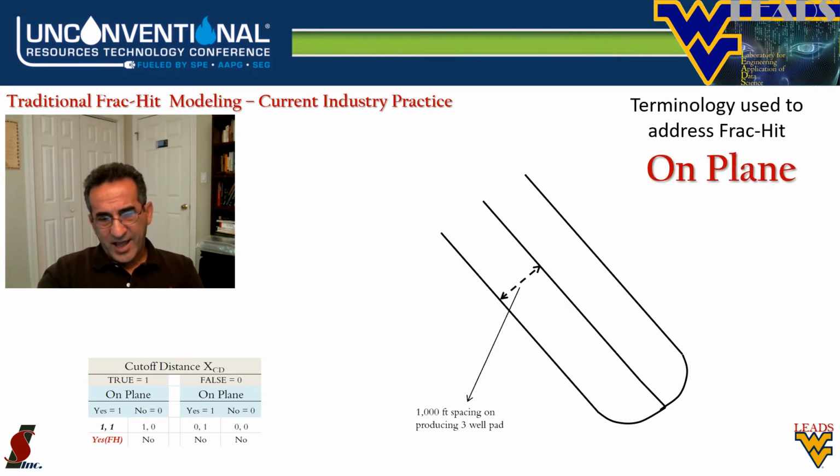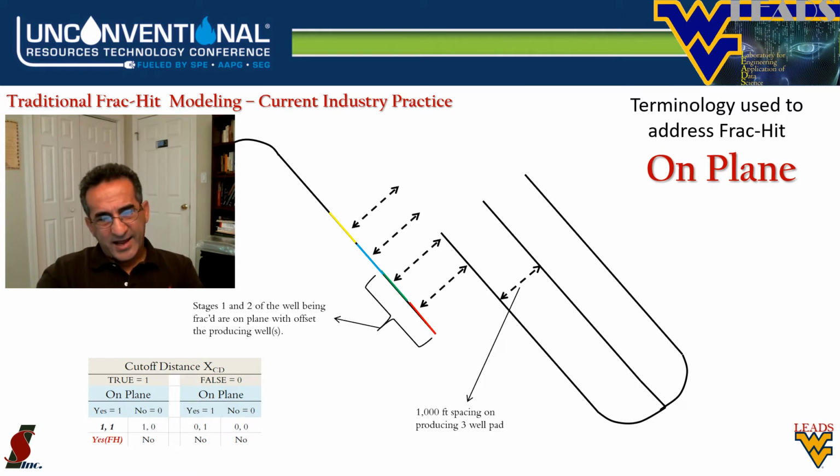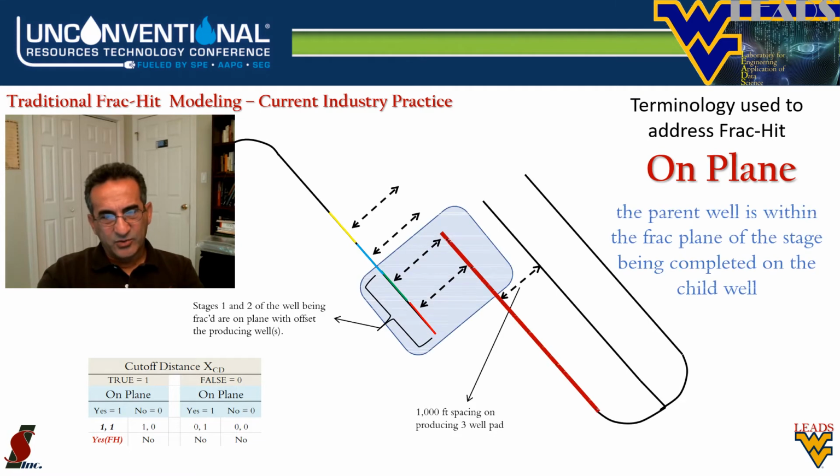If you look at parent wells in a pad that have spacing between the wells of about 1,000 feet, and then you do a child well with multiple stages of hydraulic fracturing, and these two stages, for example, 1 and 2, which are the red and the green one, are in the same plane as the production of the parent wells in the pad.